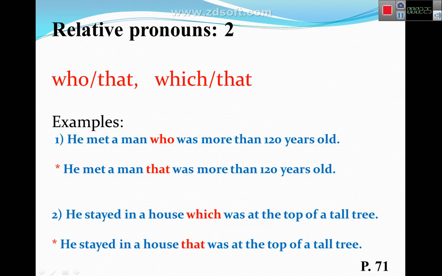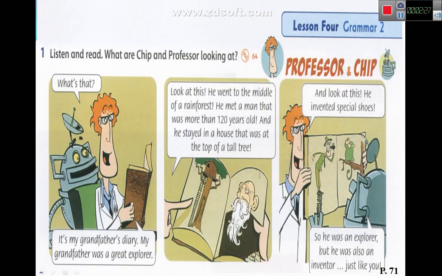Where is just for place. The second one, page 71, the first exercise, that's reading. What are Chip and Professor looking at? What is that? It is my grandfather's diary. My grandfather was a great explorer. Look at this. He went to the middle of a rainforest. He met a man that was more than 120 years old, and he stayed in a house that was at the top of a tall tree.